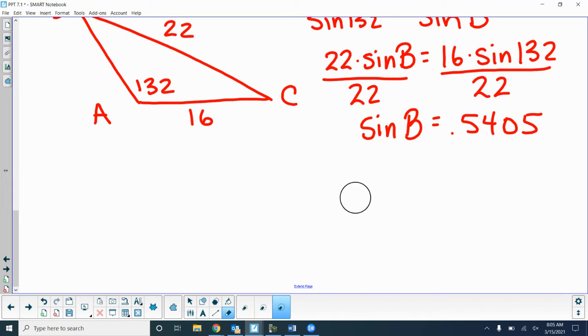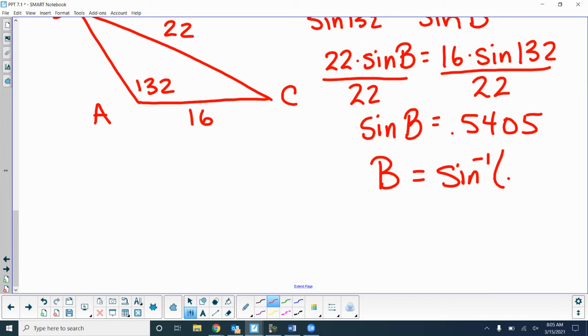You don't have to write this part, but I just wanted to write it out to show you what's going on. So angle B equals the inverse sine of that number, and whatever I get is going to be that angle. Here's what you do on your calculator.